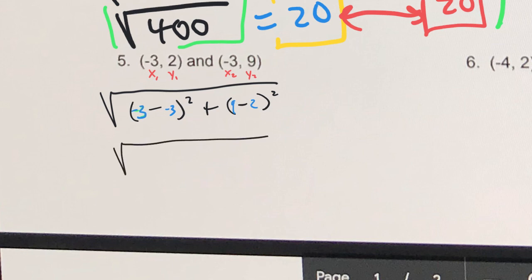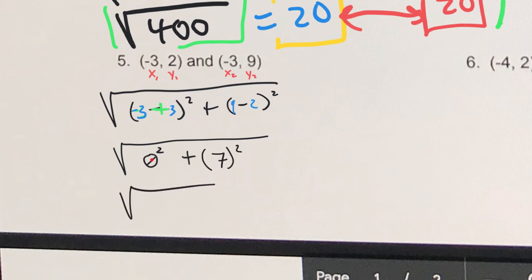All right. So I see that double negative situation, so I'm going to convert that to plus. Now that's a 0 squared, which we're going to worry about later. Then we also have 9 minus 2, which is 7. So that's going to be 7 squared. I'll keep it in parentheses because why not?